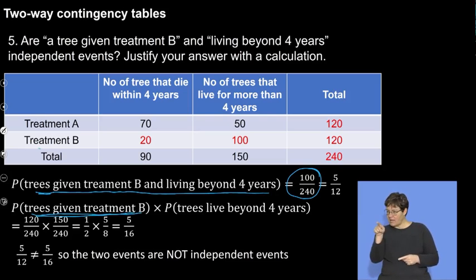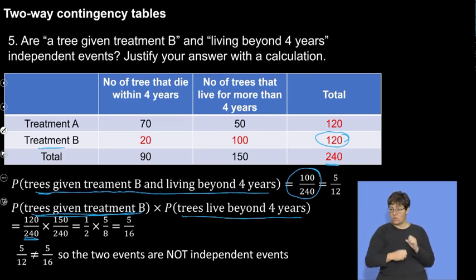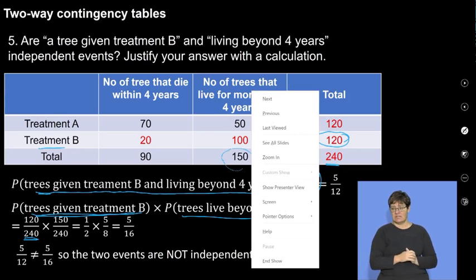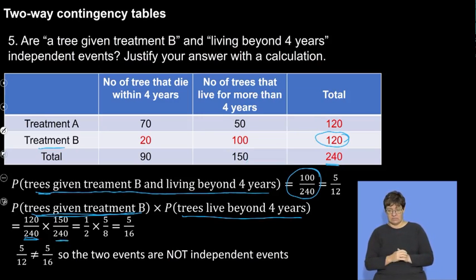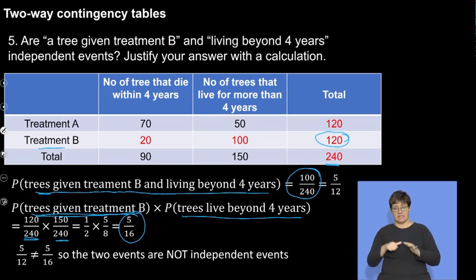There's treatment B there, which is 120 over 240, which we have there. A tree lives beyond 4 years, how many? It's 150 over 240 altogether. And we multiply this, we get that this is 5 over 16.